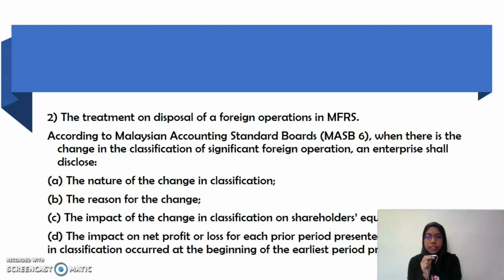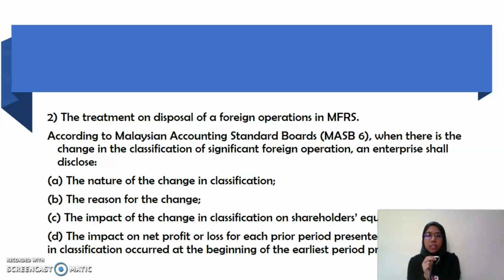So the second difference is the treatment on disposal of foreign operations. The treatment on disposal of foreign operation is only applicable for MFRS 121 and is thus not applicable or valid in AMPLE section 30.